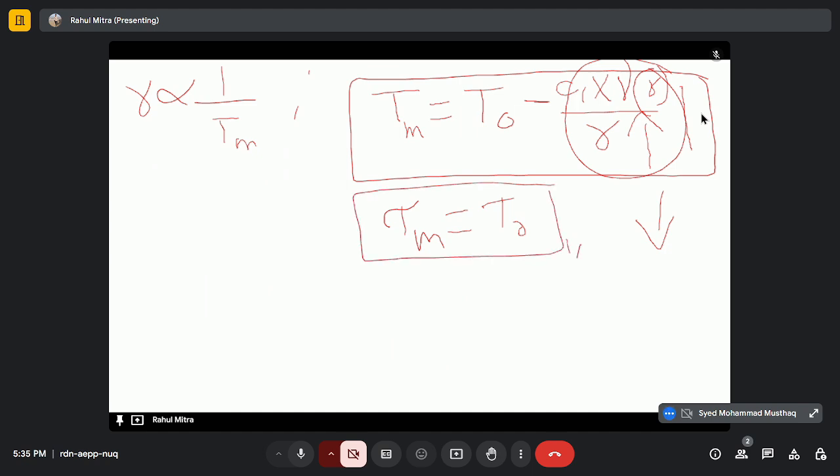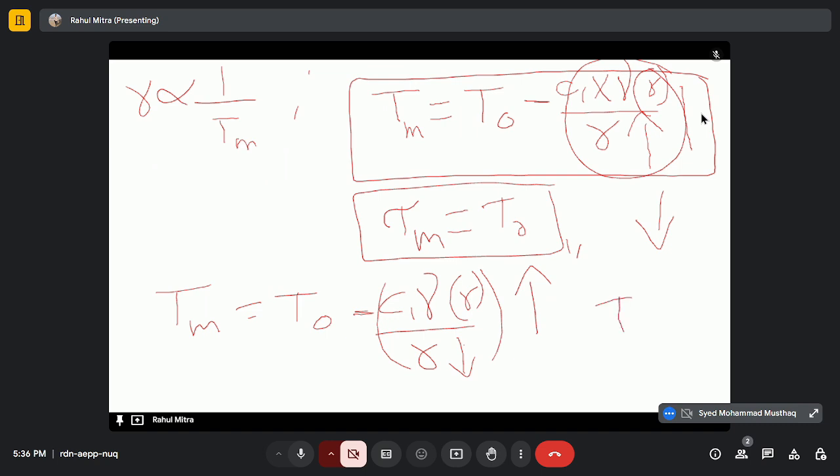What happens if the size starts decreasing? Then the problem arises. So T naught minus C1 gamma divided by R. If the particle size starts to decrease, then this term will increase.